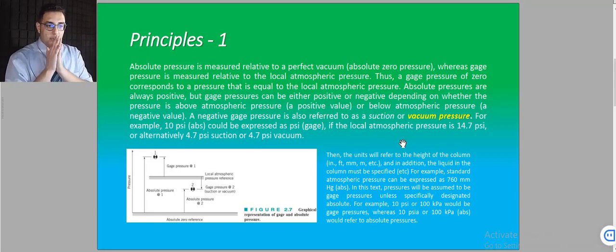Guys, let me just remind you to be very careful about your units and the homogeneity of equations. It is really important.